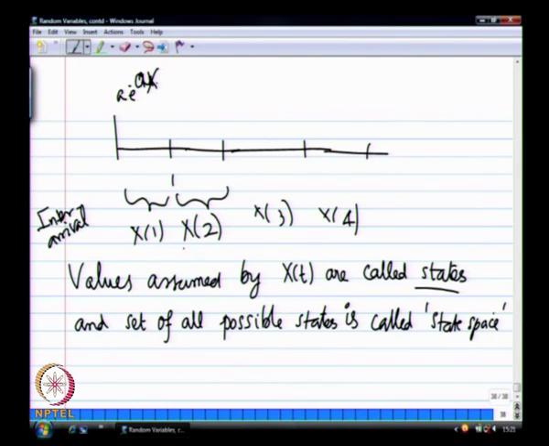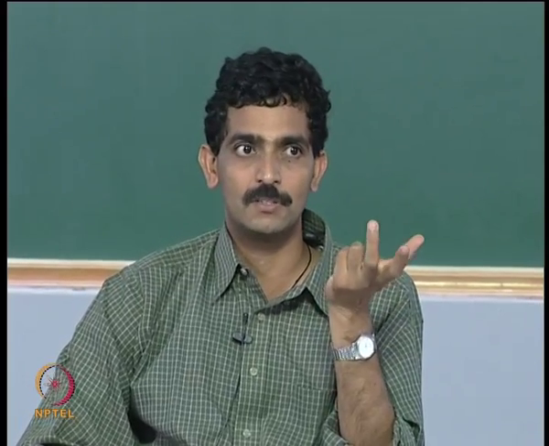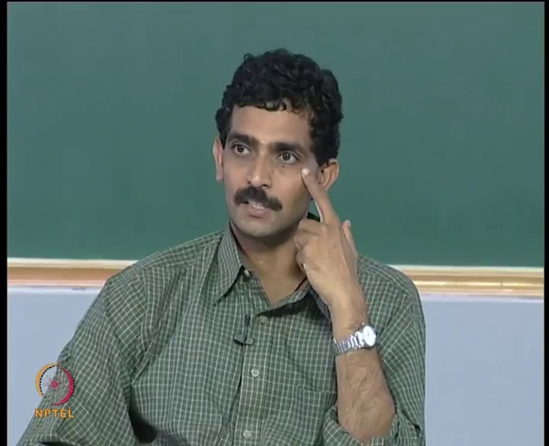This is called the state space. So there are two things: one is the set of states that are possible, and the other is the set of parameter values, that parameter t, the parameter set.